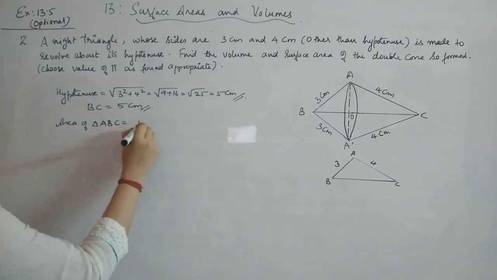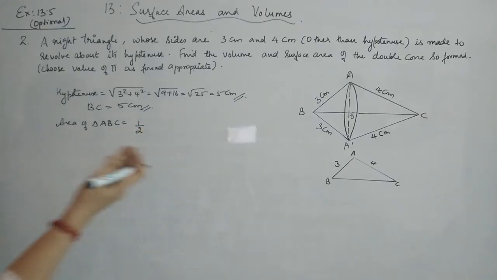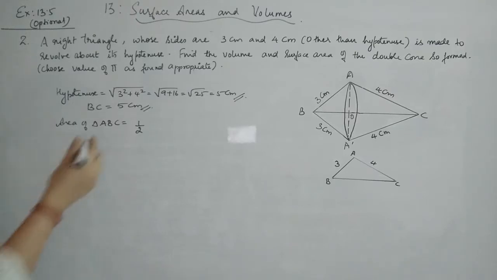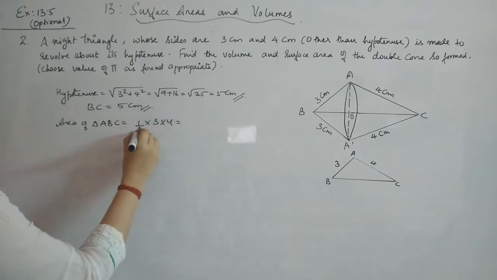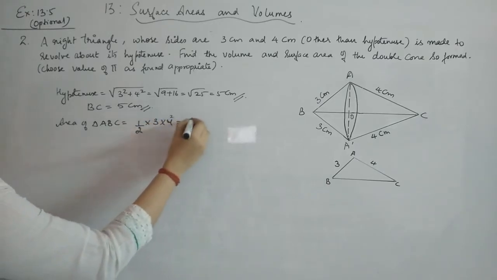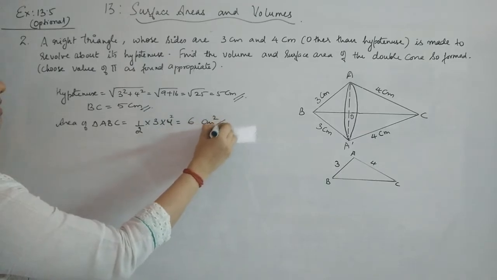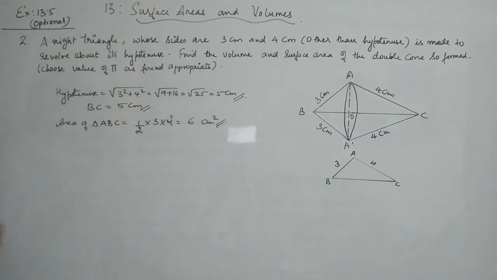And here this is a right triangle, so you can use half BH as base 3 and height 4. So you will get half into 3 into 4, which is equal to 6 centimeter squares.